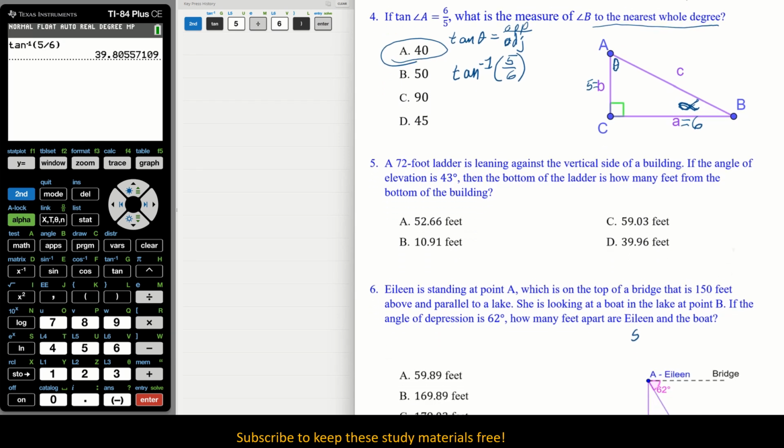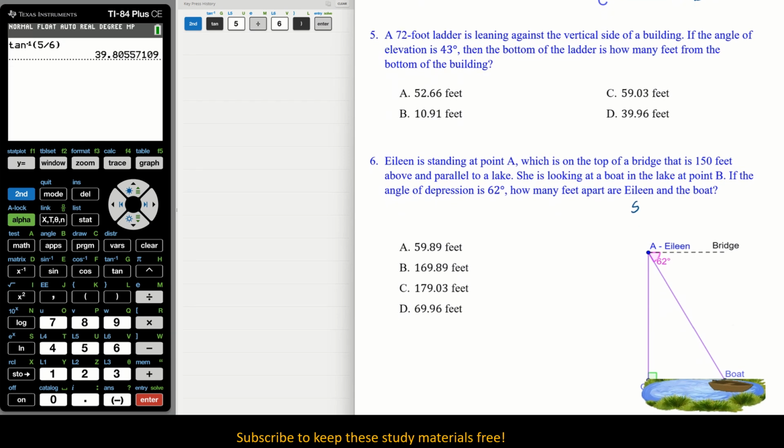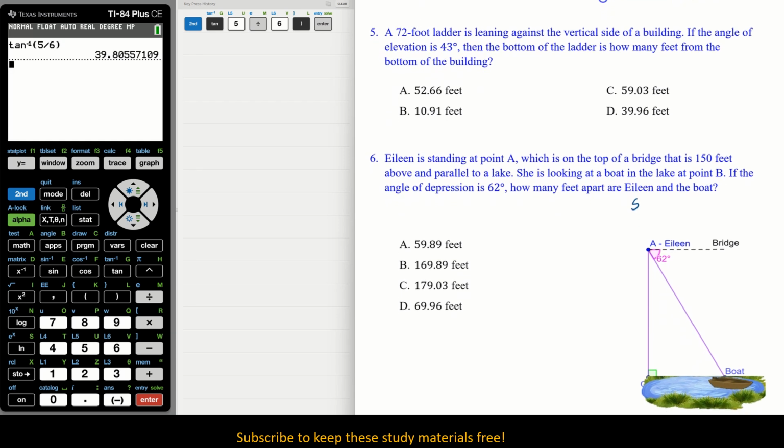Now, number 5 is more of an application question. All right. A 72-foot ladder is leaning against the vertical side of a building. All right, I can already see that we need to do this. A little bit of this is your building, okay? All right.